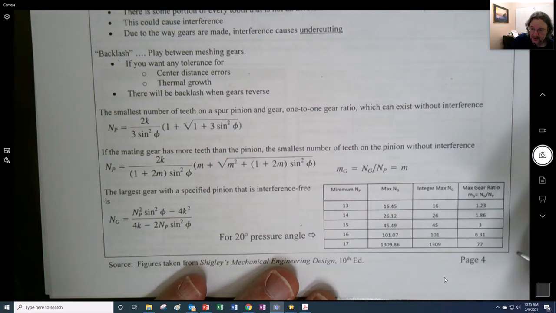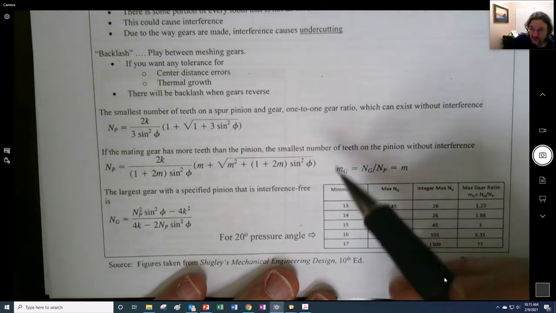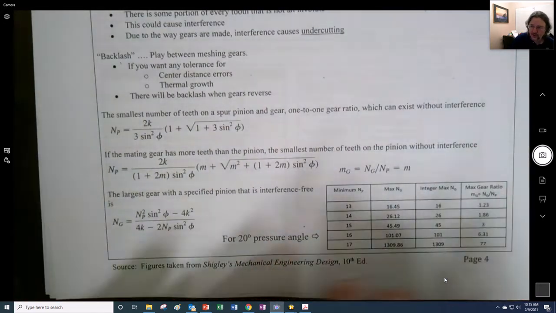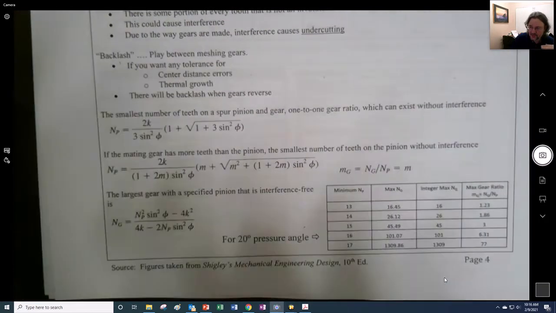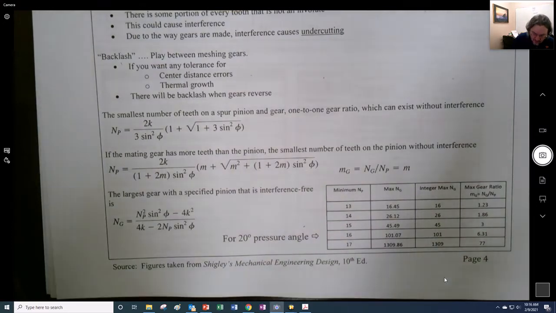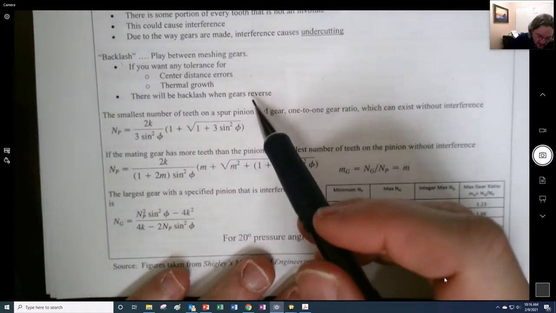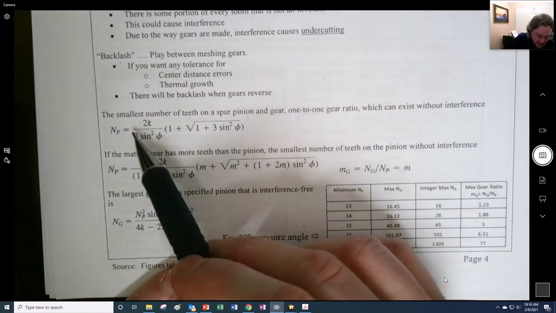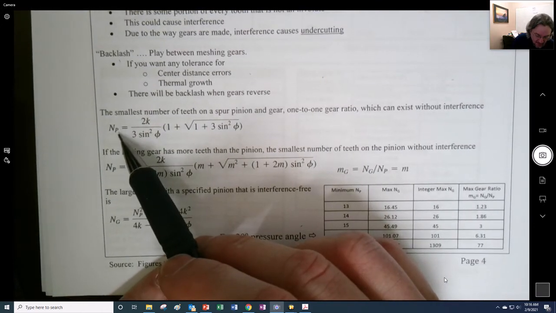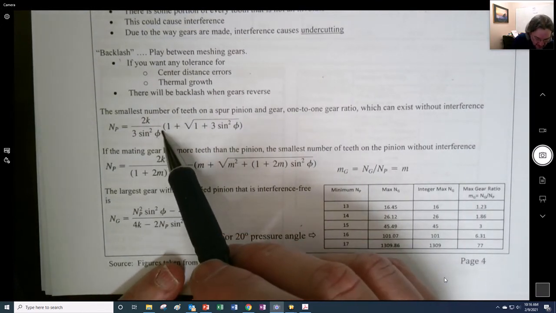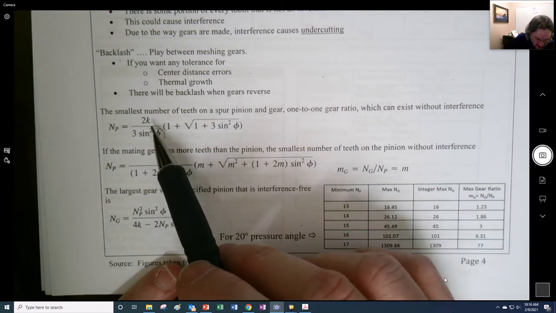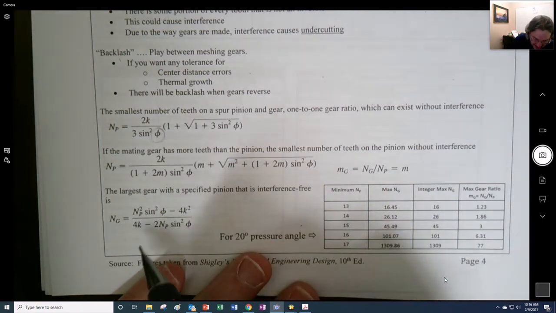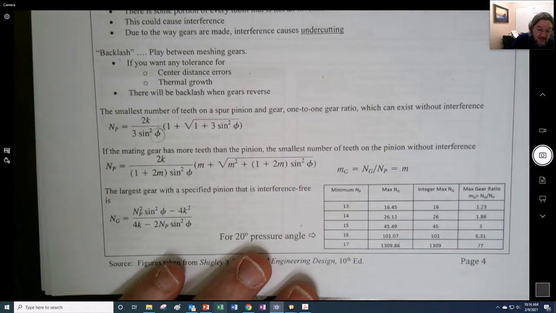A lot of times you're just doing that to change the direction of the shafts, or the orientation, because for whatever physical reason we need the shafts offset from each other. We might have a 1-to-1 ratio, but we can find what the minimum number can be, and you can see that it's a function of pressure angle more than anything else. We've got to double check what this K is. Let me pause and take a look at what that K is as a refresher.